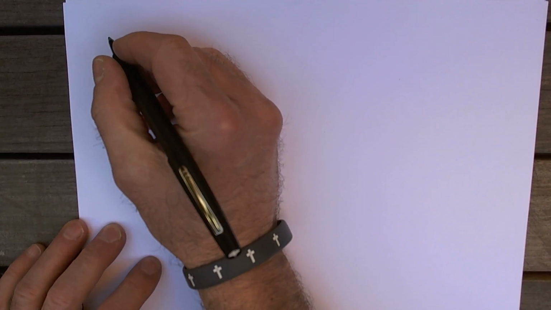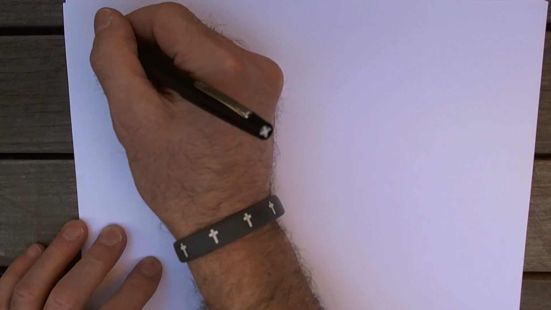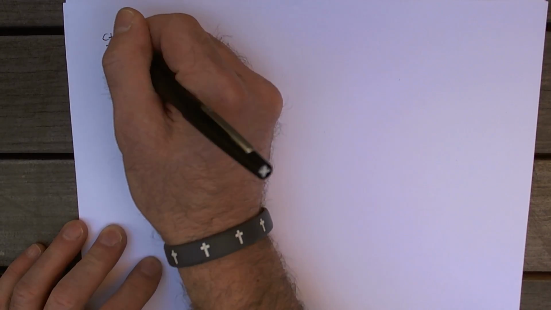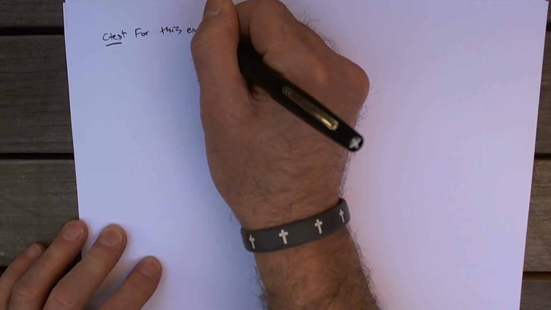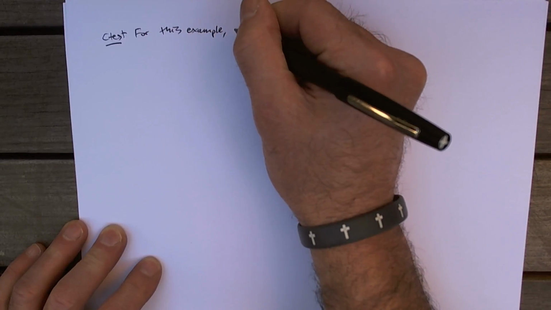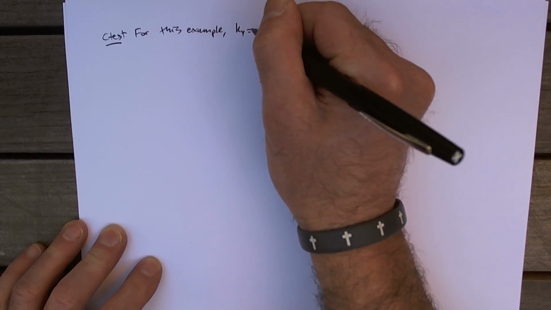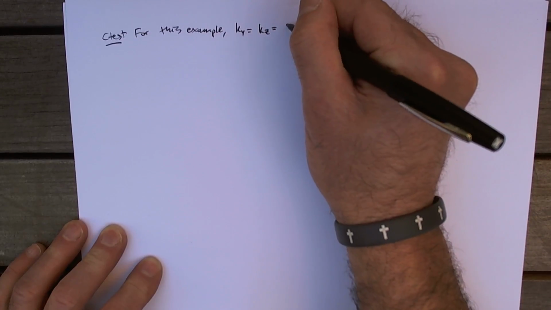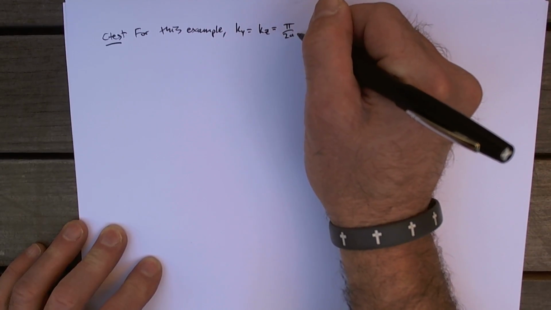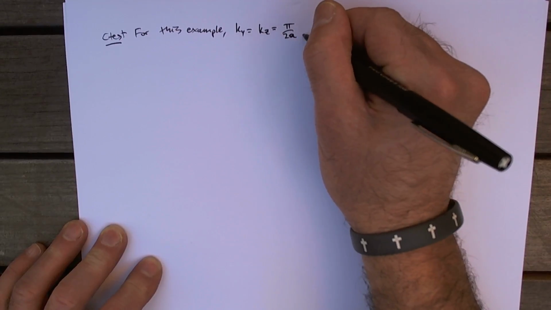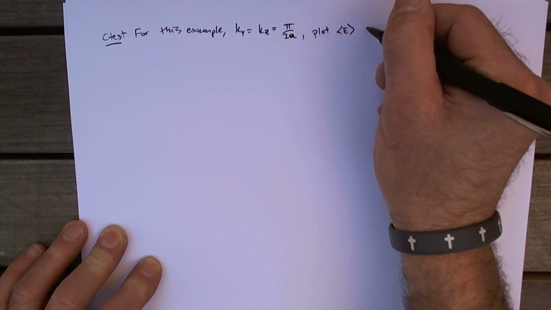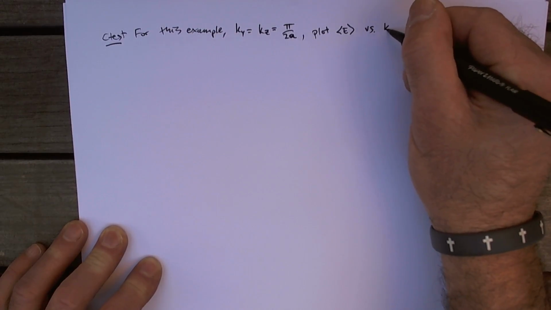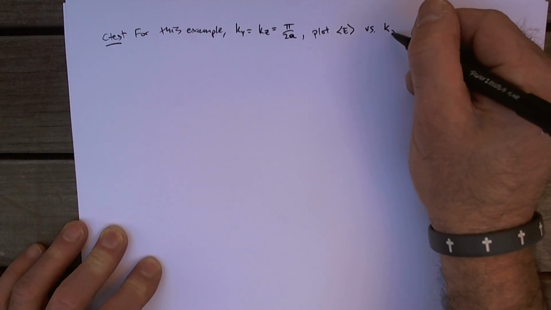Okay, so let's explore this a little bit more through a couple more concept tests. For this example, and for the case ky equals kz equals pi divided by 2a, plot the expectation value of the energy versus k sub x.